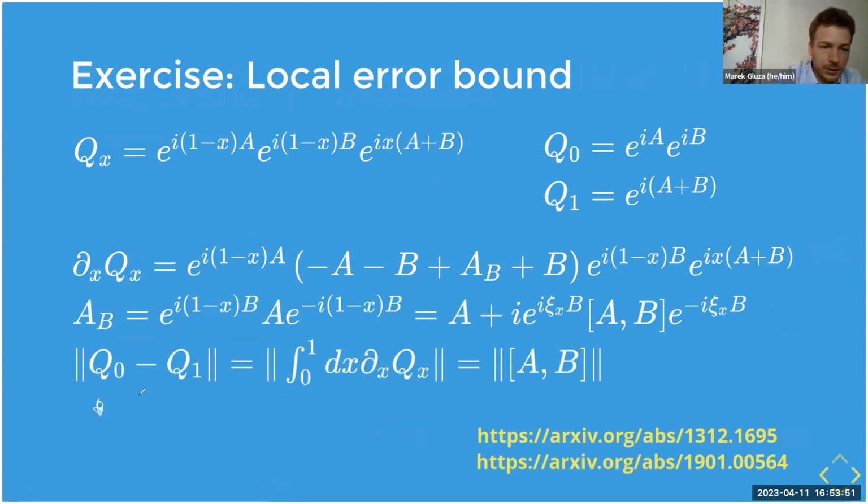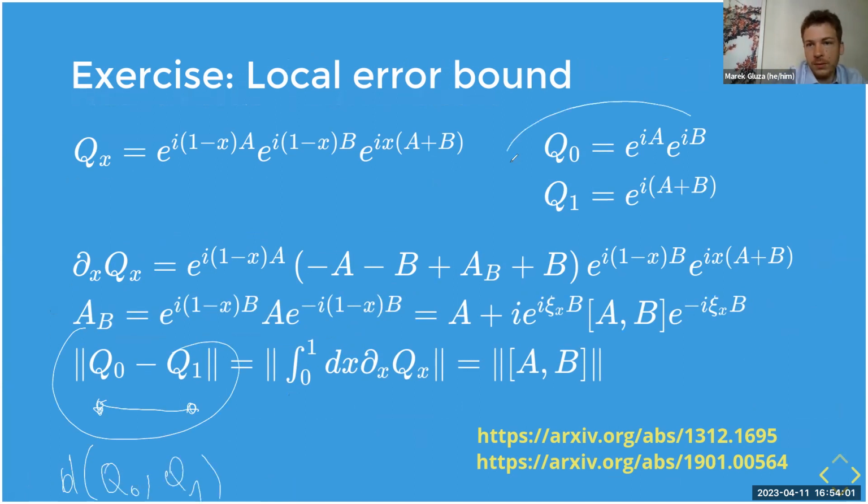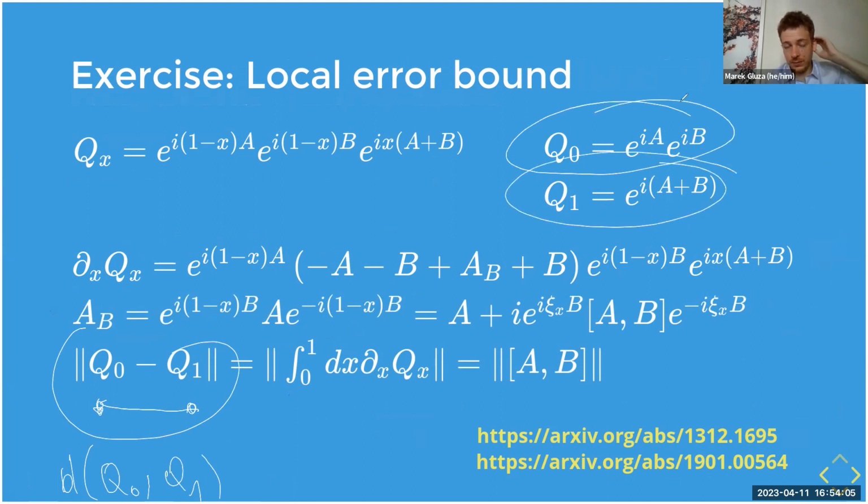But the idea is that we have two objects far away. They have some distance between them. So this would be actually the distance between Q0 and Q1, where Q0 is split and Q1 is non-split. So how much are they different?